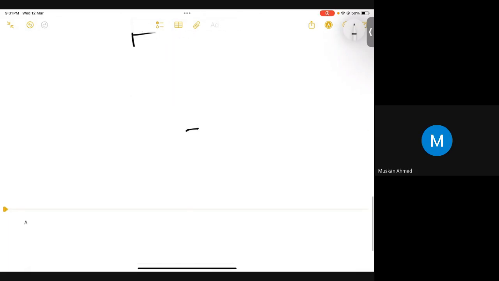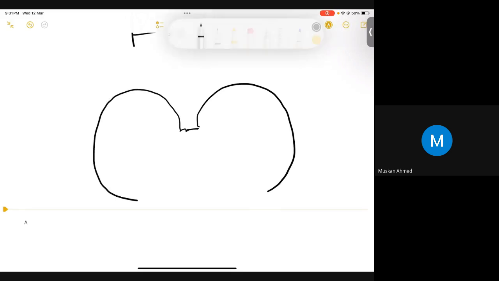For example, if this is your brain or cerebral hemispheres, let me draw the homunculus. So here, this area is basically responsible for your feet and leg movement. And as you come out like that, this area is responsible for your knee movement, like upside down.